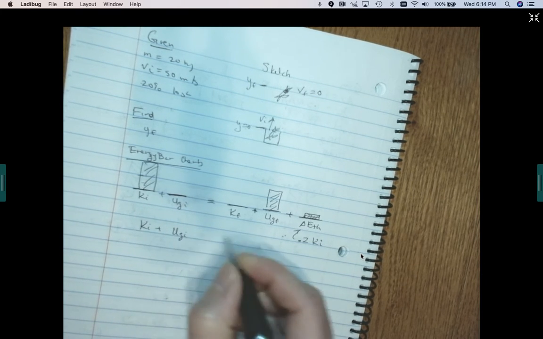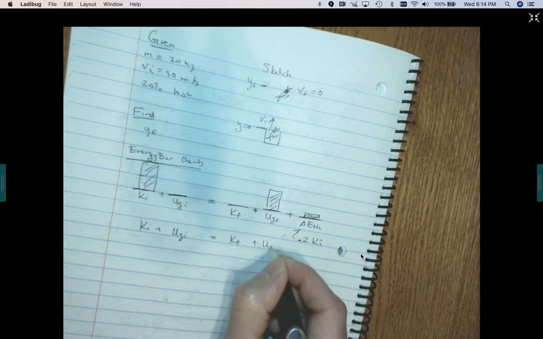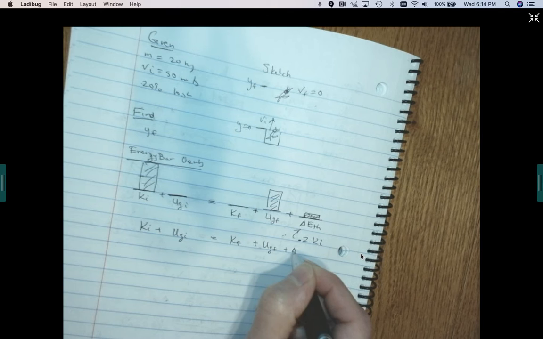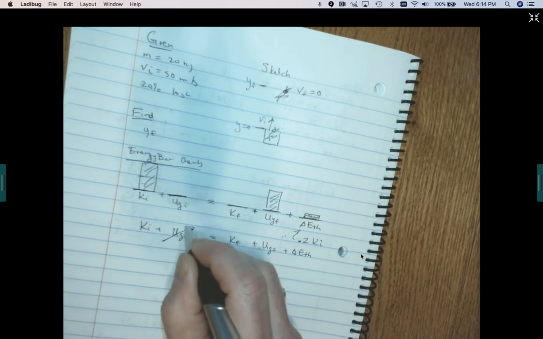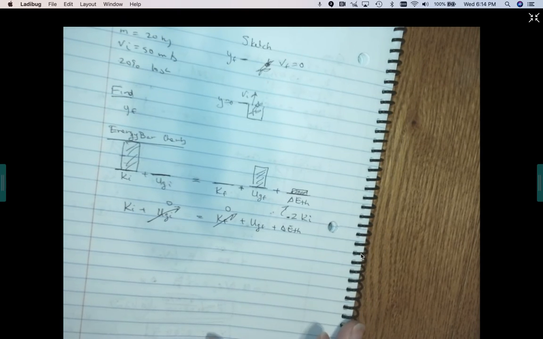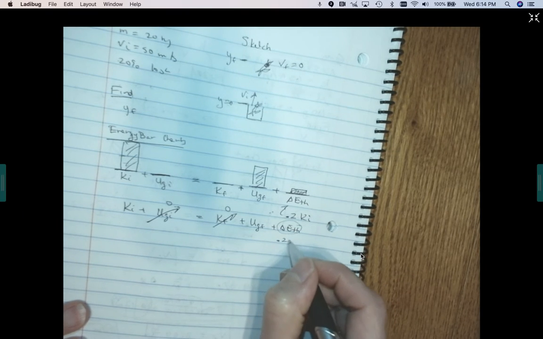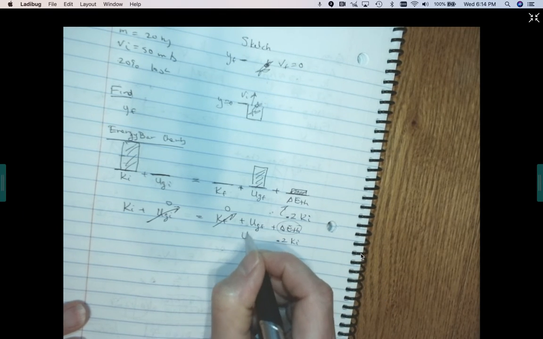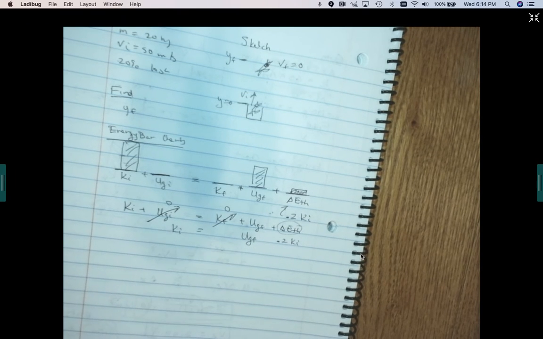K initial plus potential energy initial equals K final plus potential final plus delta E thermal. We'll get rid of the ones that we know are 0. Initial potential energy and final kinetic are going to be 0. And this now we can rewrite as 0.2 times the initial kinetic energy equals kinetic initial.